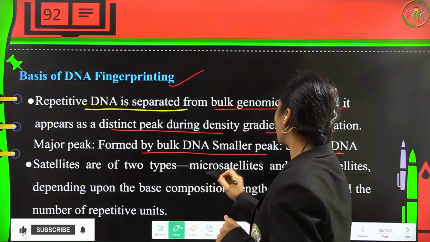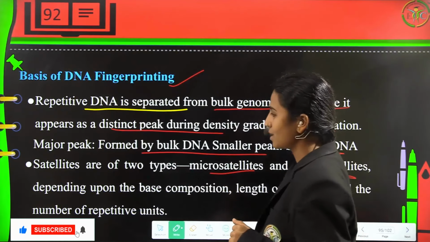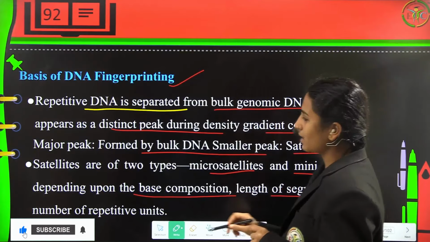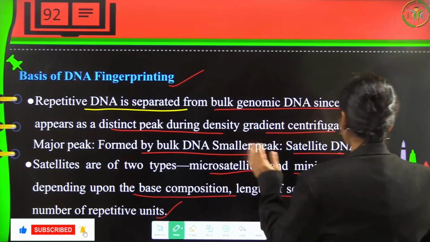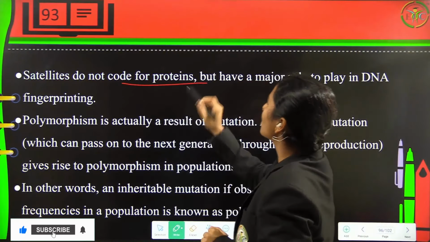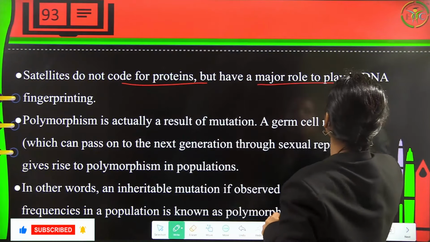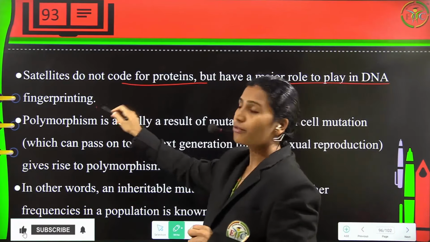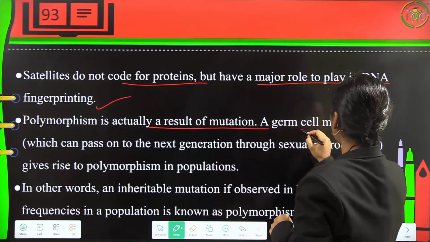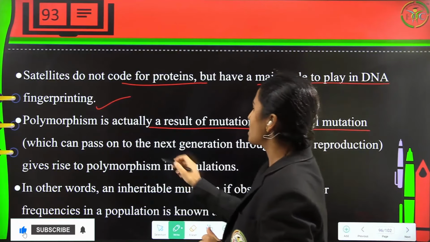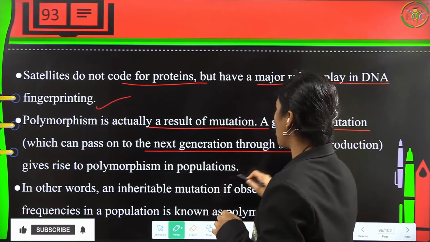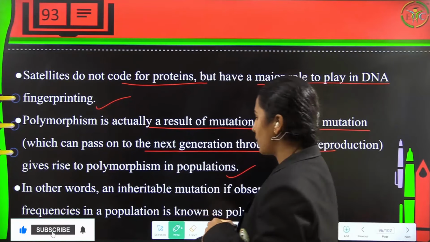Satellites are of two types, microsatellites and minisatellites. Depending upon the base composition, length of the segment and the number of repetitive units, they were divided into micro and mini satellites. Satellites do not code for proteins but have a major role to play in DNA fingerprinting. Polymorphism is actually a result of mutation, and a germ cell mutation which can pass to the next generation through sexual reproduction will give rise to polymorphisms in populations.